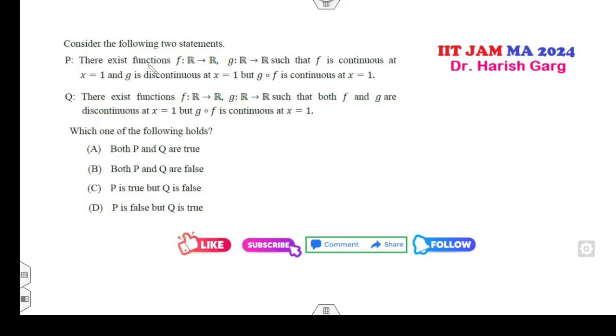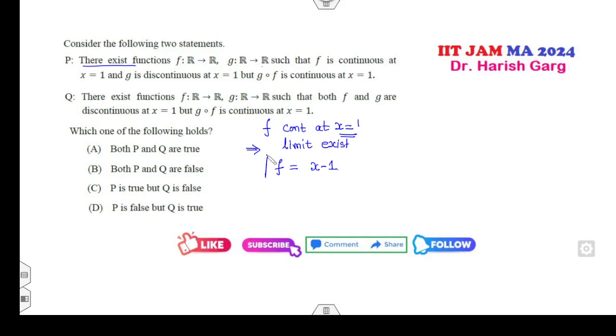F is a function. There exists f that is continuous at x is equal to 1. What does it mean? F is continuous means the limit exists at x is equal to 1. So I can choose x minus 1. Fine.